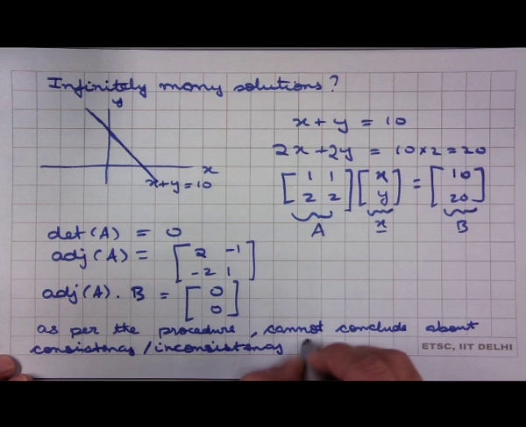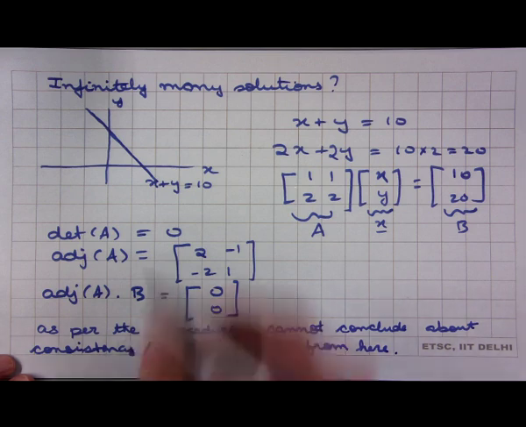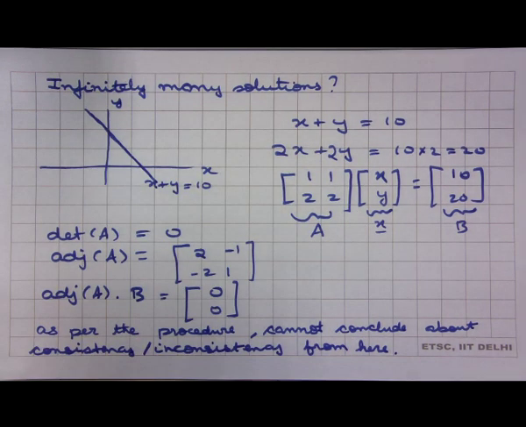We need something else, and this makes sense, because from the geometrical point of view, there are infinitely many solutions. So, we can use the geometry of the situation to find out whether it is consistent or not.